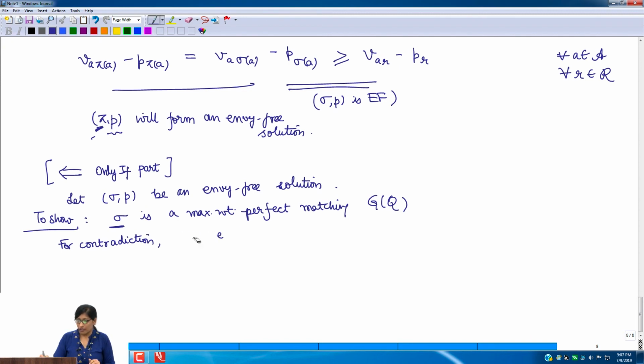Suppose not, which means that there exists some other max weight perfect matching, and let me denote it by sigma star. Let's say sigma star is a max weight perfect matching, because if sigma is not, someone else would be.